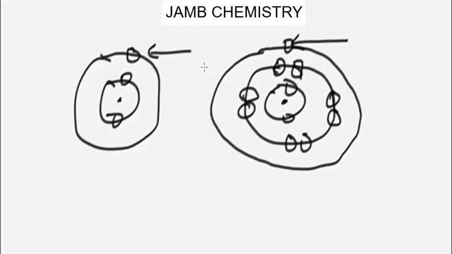Having known this, now let's look properly at the reactivity of group 1 elements. Let's look at what happens when they react with water. Note that when group 1 elements or metals are put in water, they react vigorously to produce hydrogen gas and metal hydroxide.